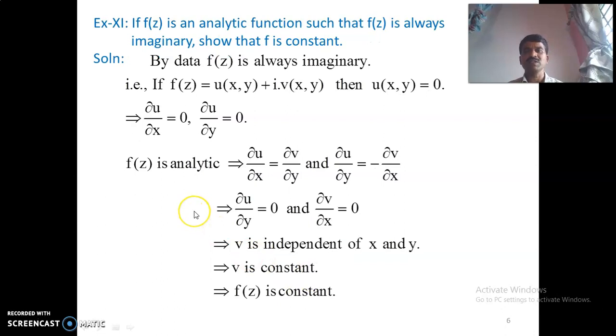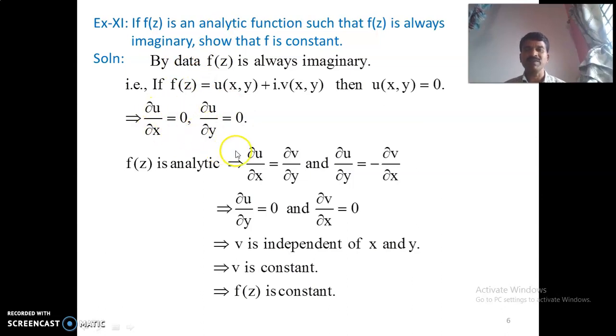Suppose the imaginary part is given, then the real part is 0. You can differentiate u with respect to x and y, and these derivatives become 0. Since f is analytic, compare with the CR equations.